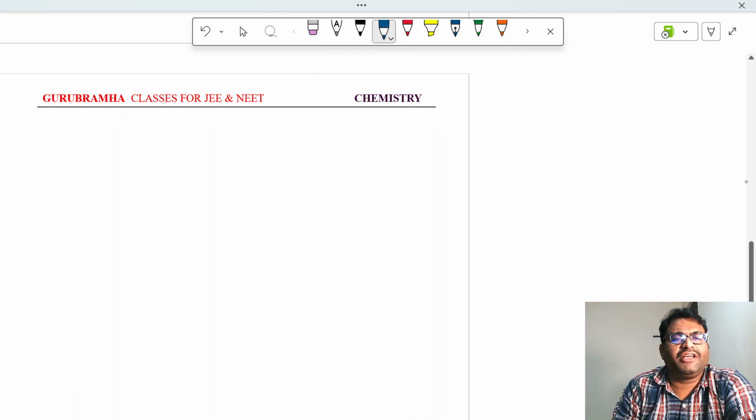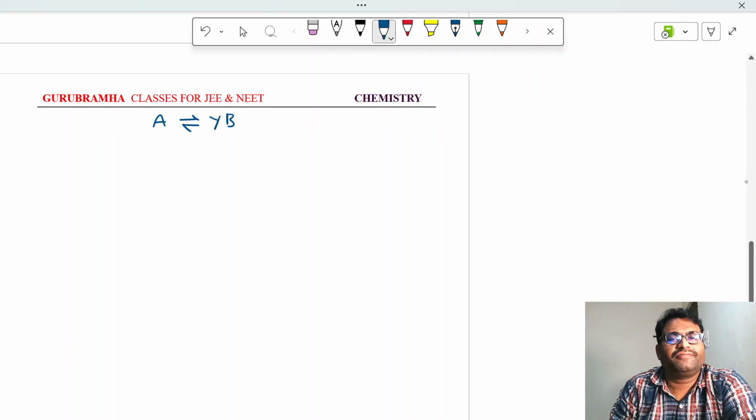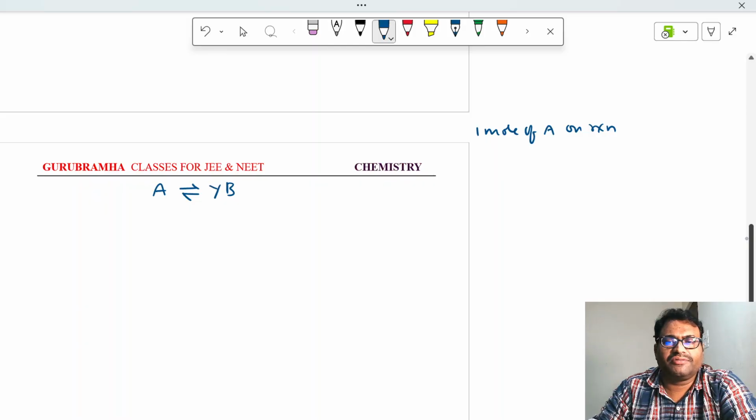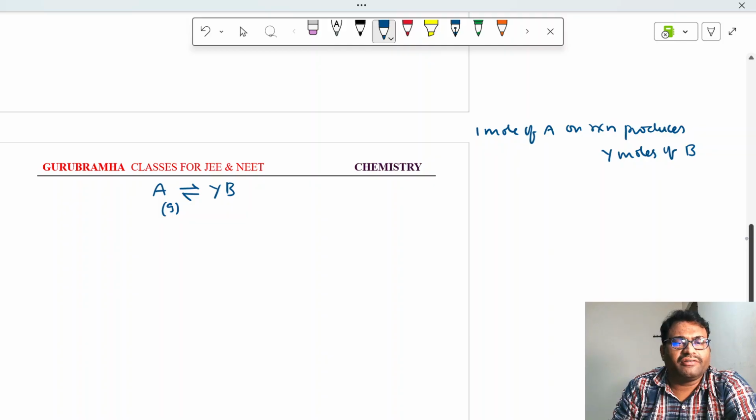Let us take a reactant A and product B. Now I am taking 1 mole of A gives you Y moles of B. What does this represent? 1 mole of A on reaction produces Y moles of B. They are in gaseous state.